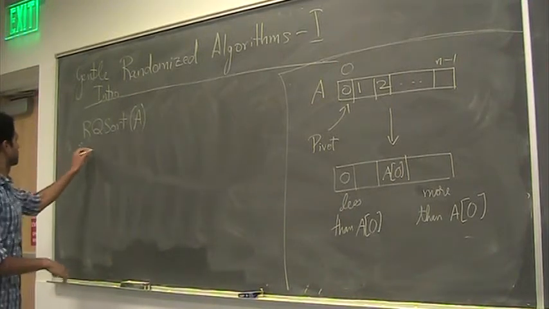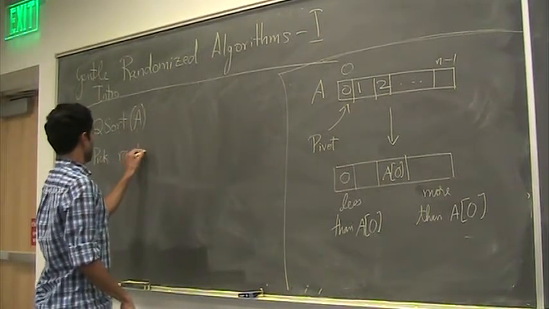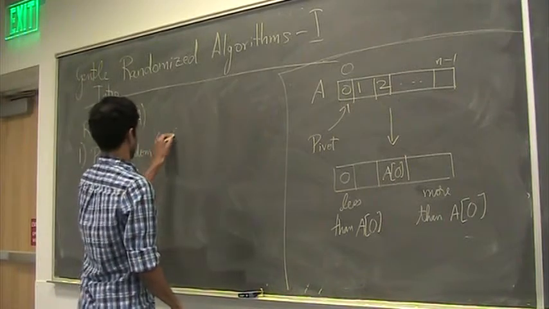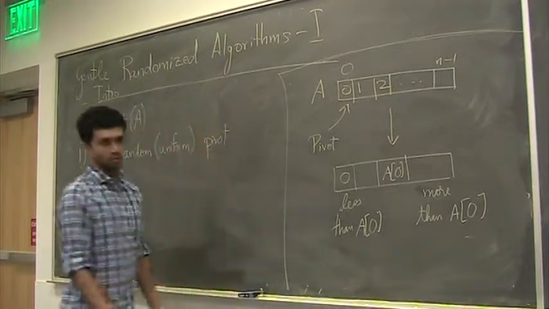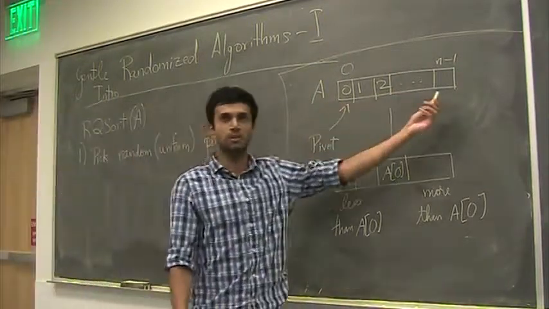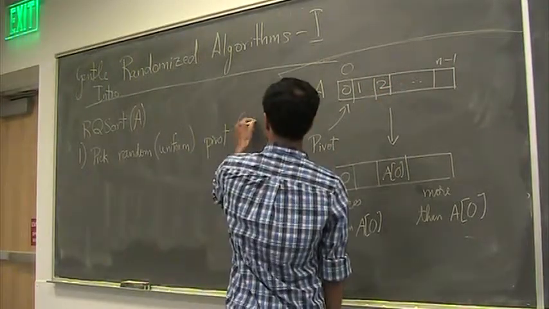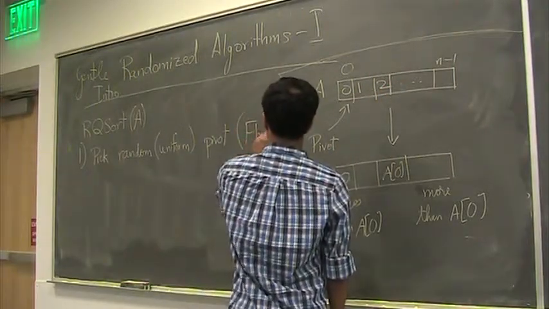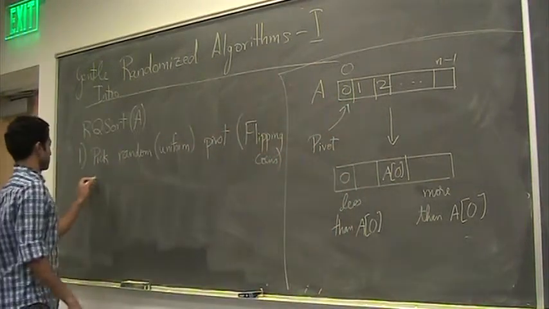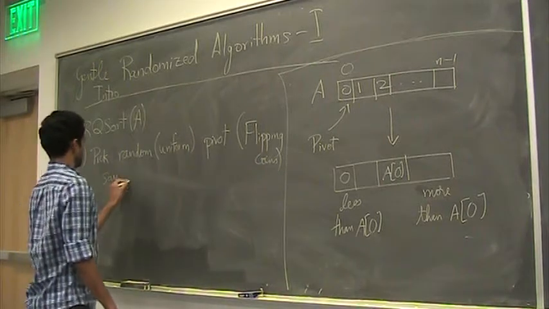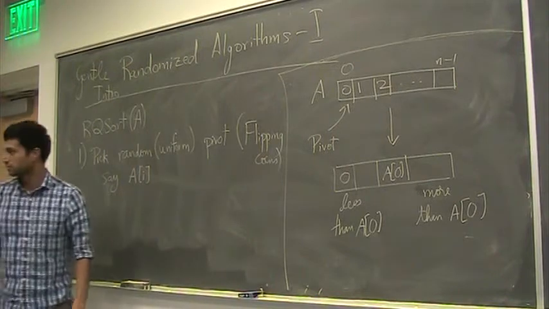So first, what you do is you pick a random, and technically uniform random, pivot. What that means is you just pick something uniformly at random from here, right? So this is the flipping coins. So you pick a uniform random pivot, say, I'm just going to call it A_i.